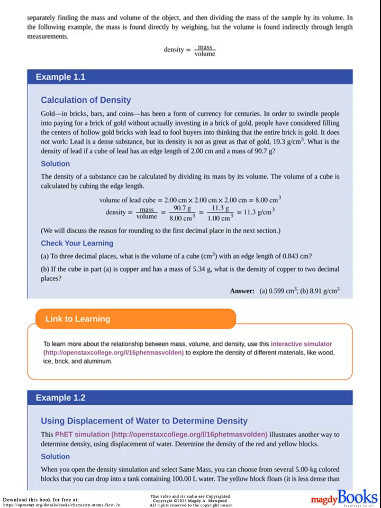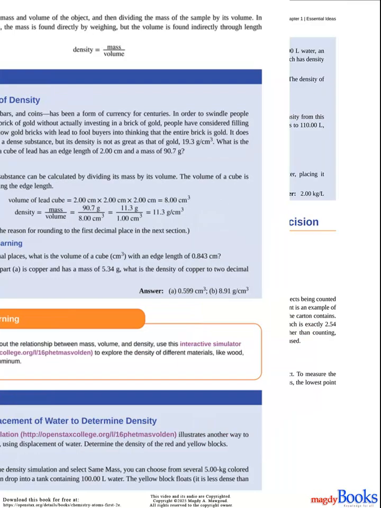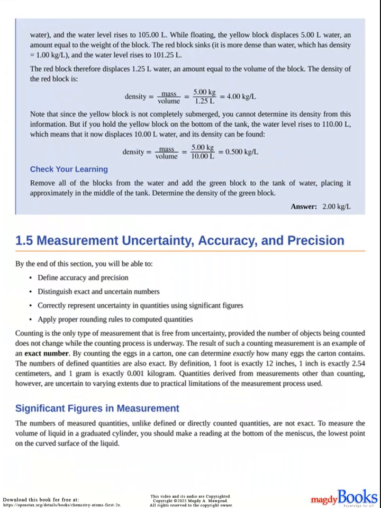Solution. When you open the density simulation and select same mass, you can choose from several 5.00 kg colored blocks that you can drop into a tank containing 100.00 liter water. The yellow block floats, it is less dense than water, and the water level rises to 105.00 liter.